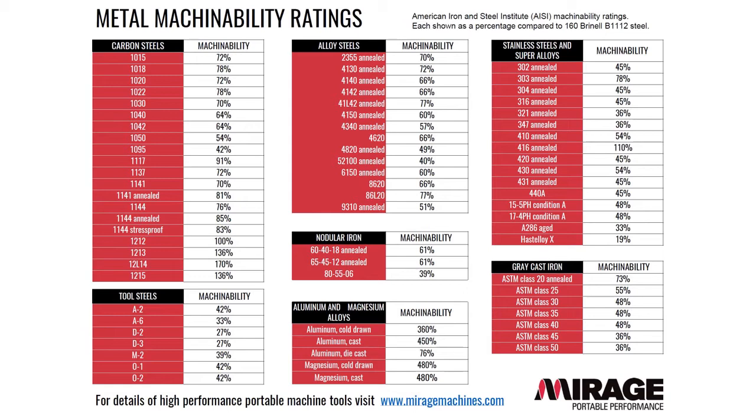The 10 indicates just a plain carbon steel, and it has 0.95% carbon, so it's pretty hard. In fact, I believe that is the same carbon content that A2 tool steel has in it, and it's also the same machinability rating.